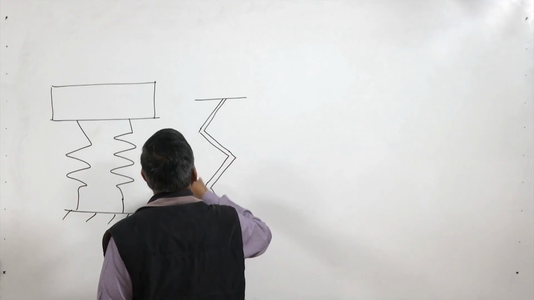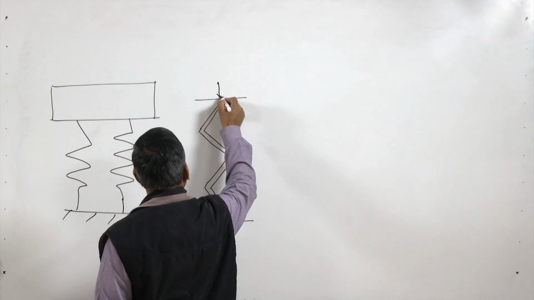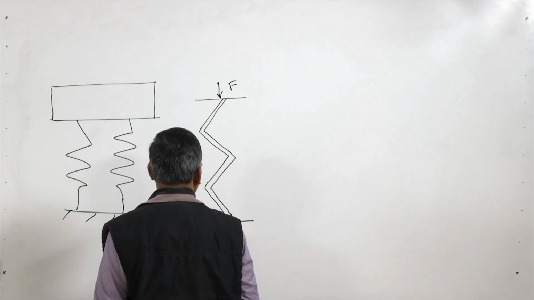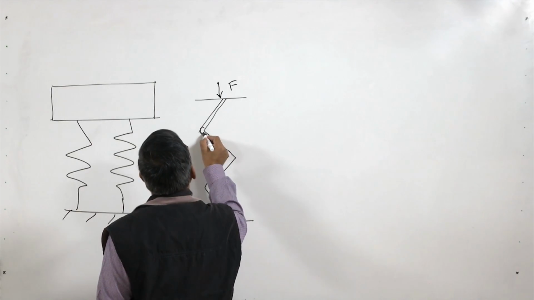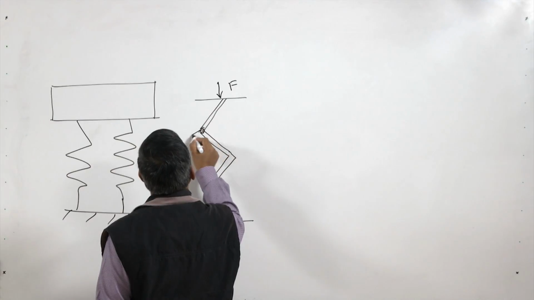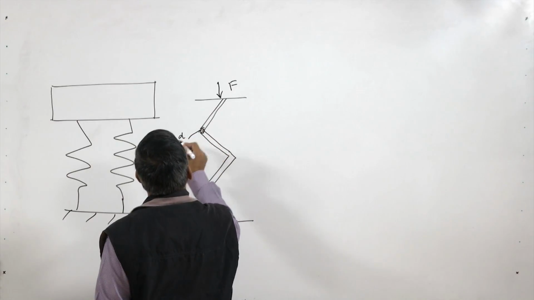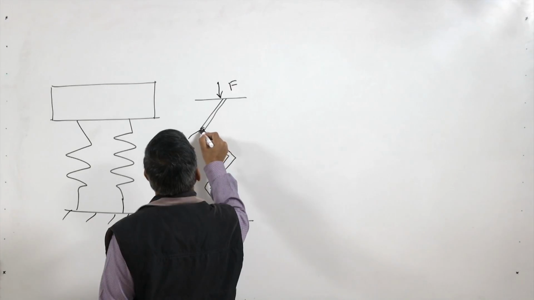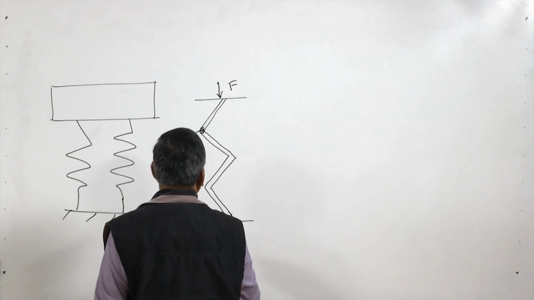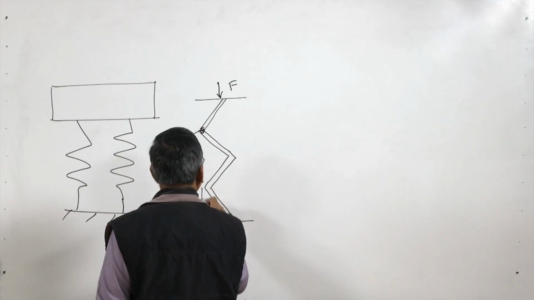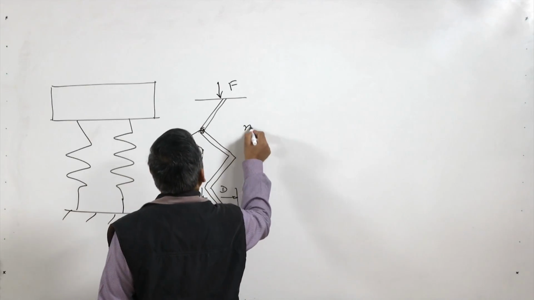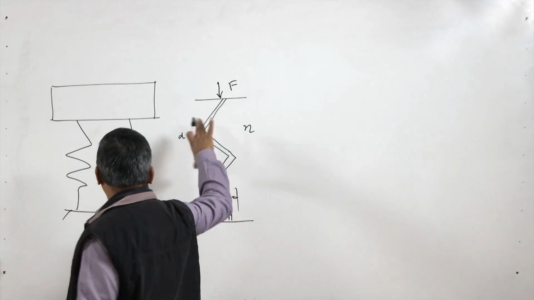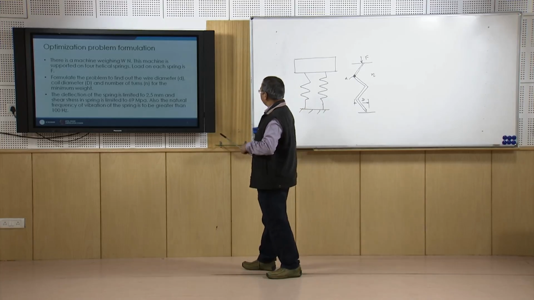Here a certain load F is applied from here. Now, in this one, the area of cross section of the wire is this one. This has got a diameter d, the diameter of the wire, and the coil diameter is given by this one, so this is capital D, and n is the number of turns. I have exaggerated it a little for you to understand it.